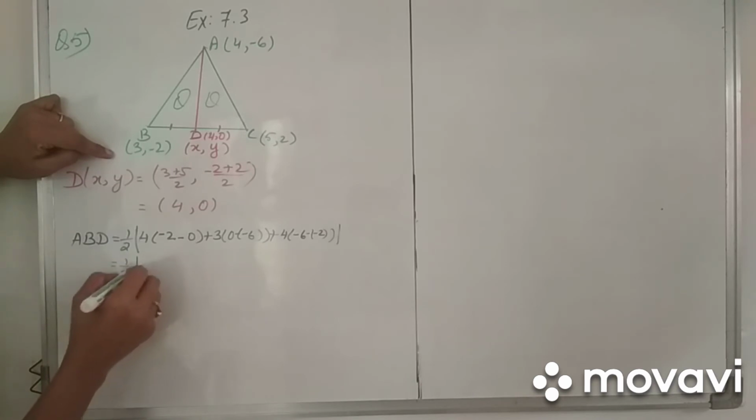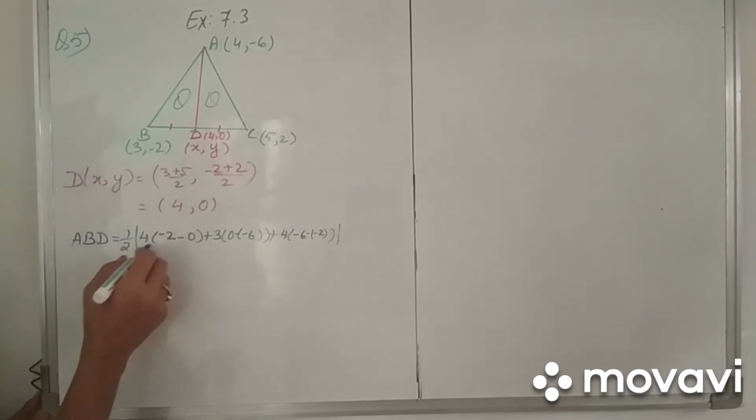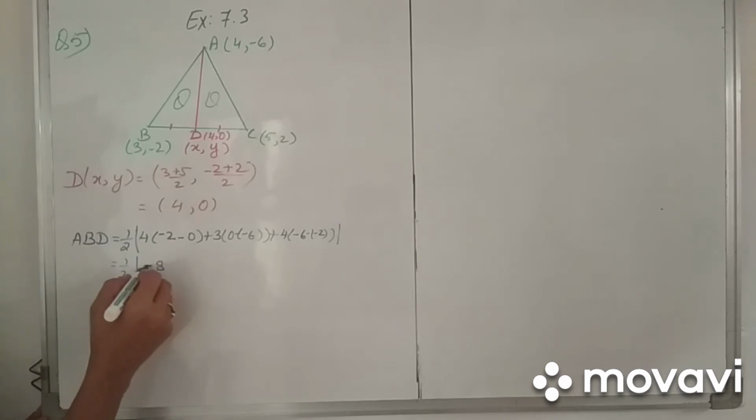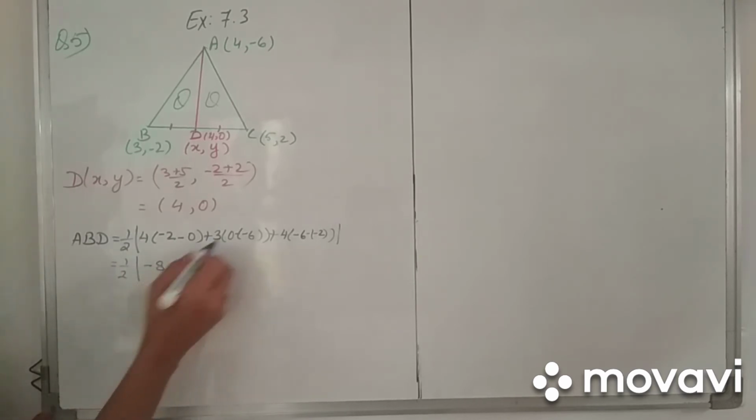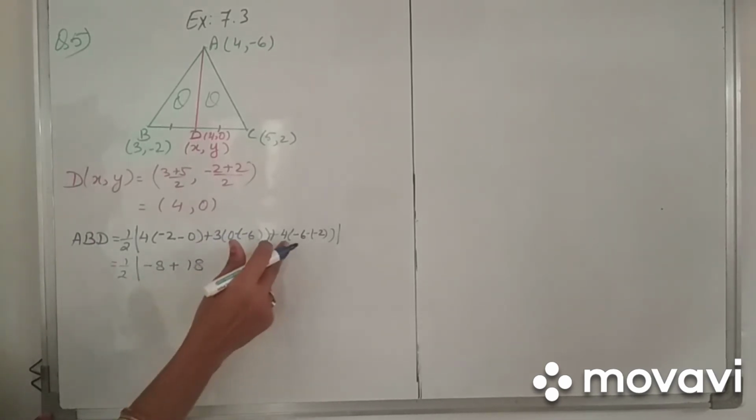Half of modulus, so minus 0 will not make any difference with the 2. Minus 2 into 4 will be minus 8. Then 2 consecutive minuses of 6 is positive. 6 3s are 18, positive, we will get.